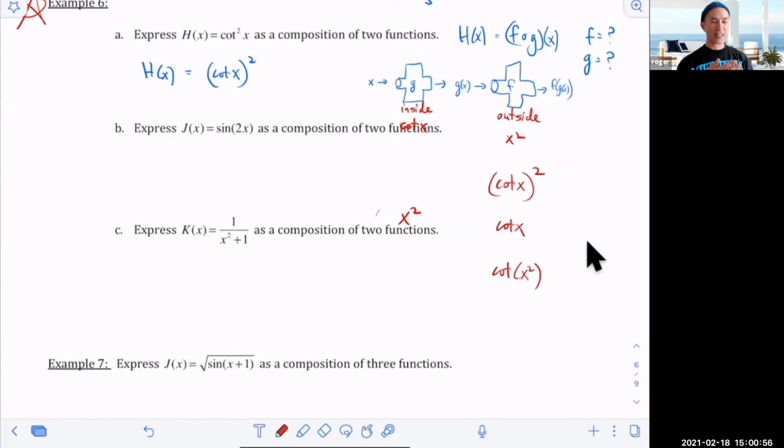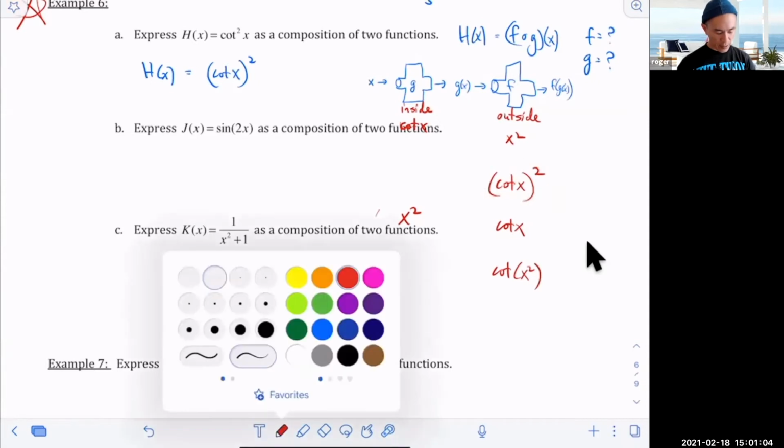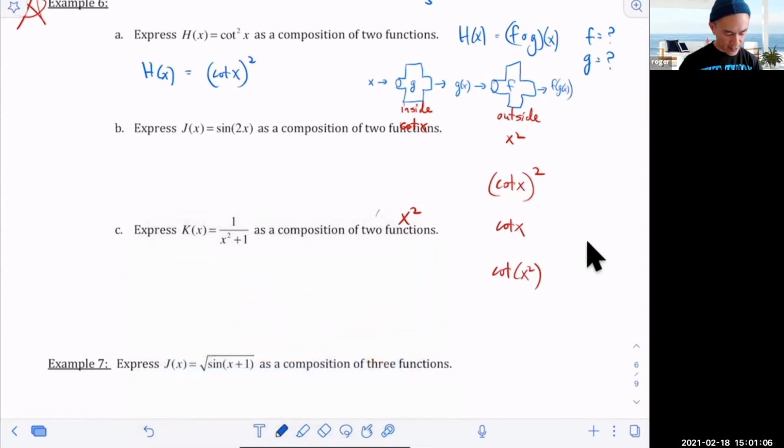So these aren't the same thing, and the one that I really want is this one right here. So my inside, which is g of x, is cotangent x, and the outside, which is f of x, is x squared. Then when you plug the cotangent in for x, you get cotangent of x squared.